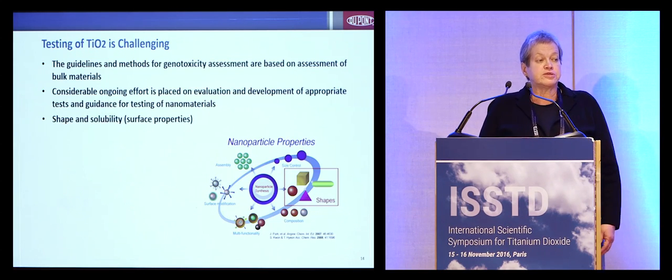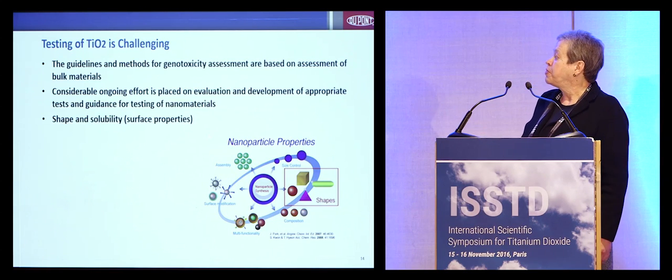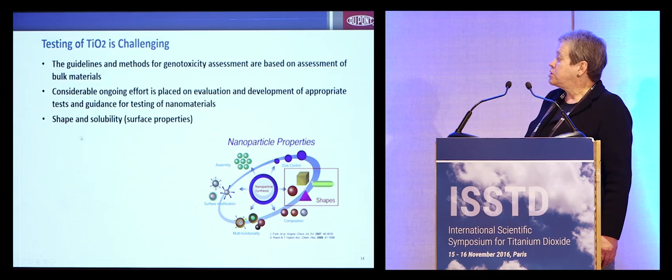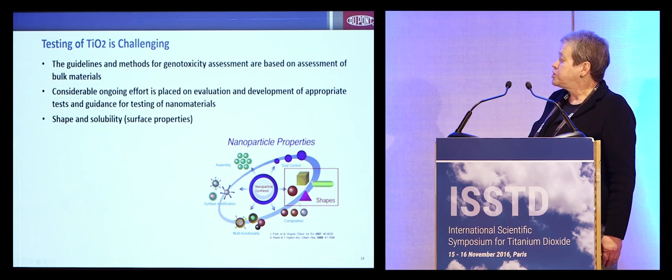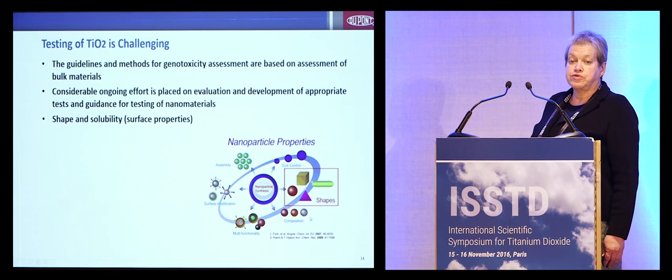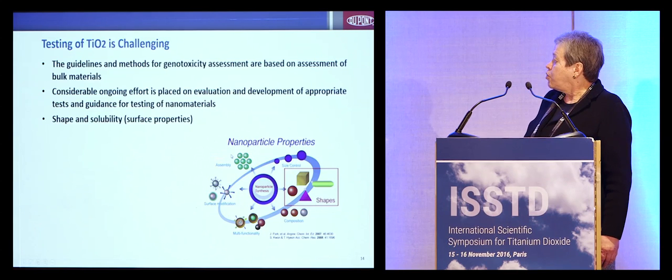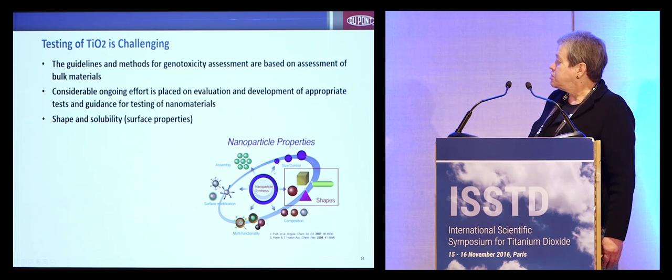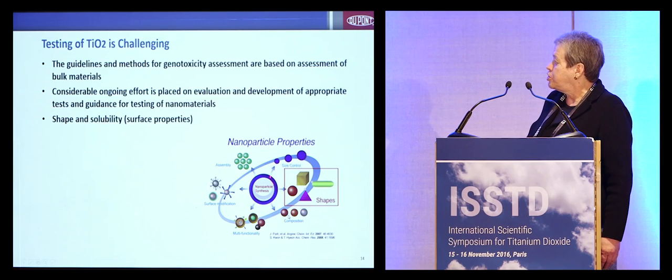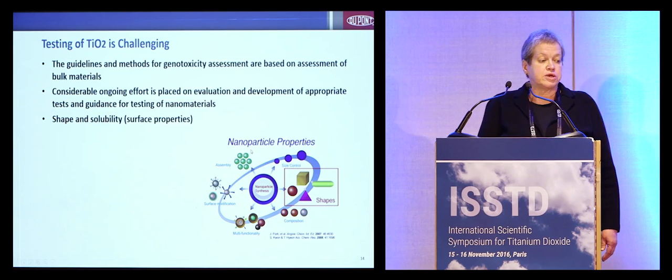I can't really take a stand one way or another because I haven't tried any alternative test system. Shape and solubility is an issue, and if you look again at, for example, this picture, which of course is a simplification for an audience like this, the question is, what are you supposed to test here really? The sizes differ, the shapes can differ, the composition can differ, you might get assemblies and aggregations.